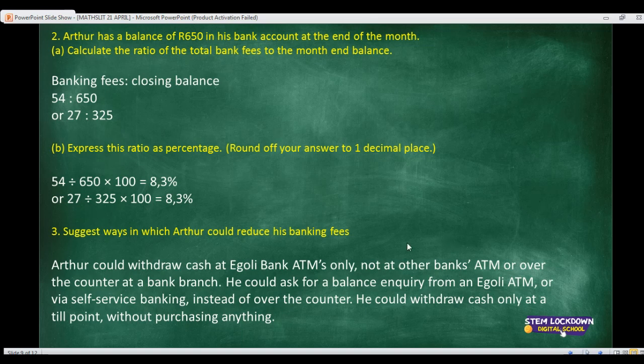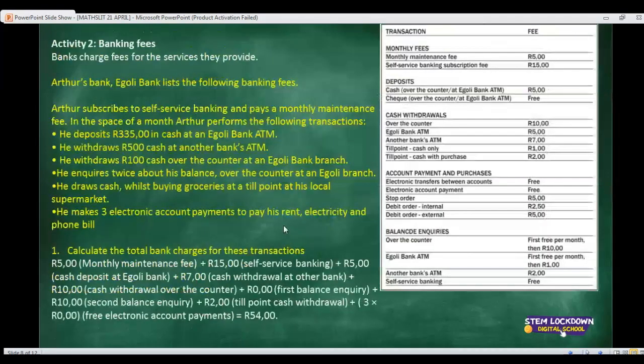And then you could also withdraw cash only at a till point without purchasing anything. So let me go back to that slide. When you withdraw money at a till point, cash only, it charges him R1.